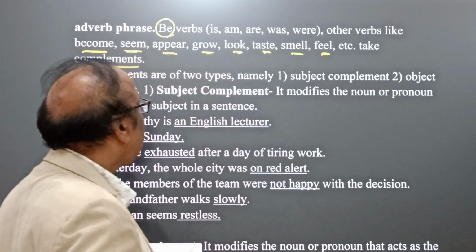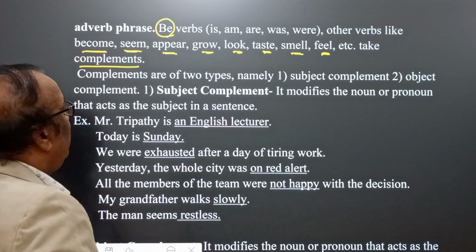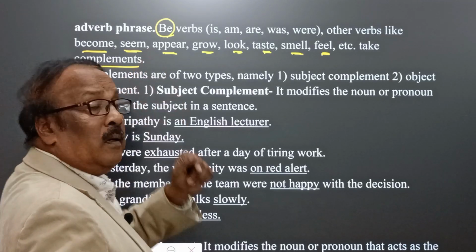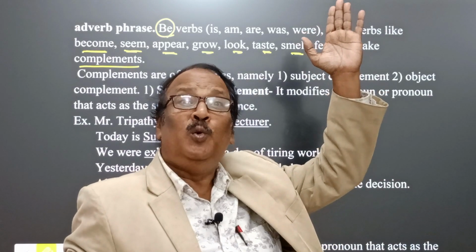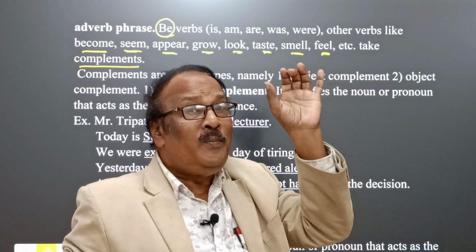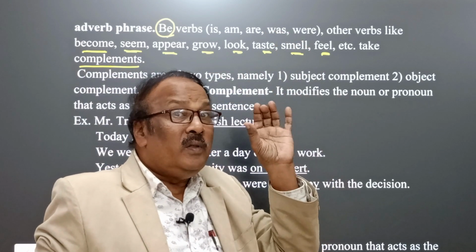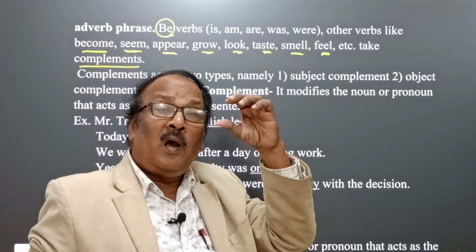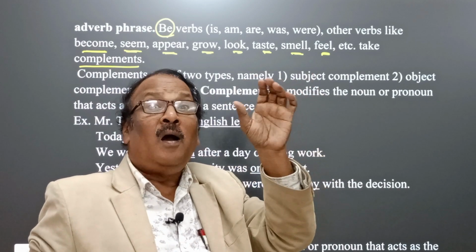We find complements here: the sky appears blue. The sky is the noun, appears the verb, blue how? Blue.